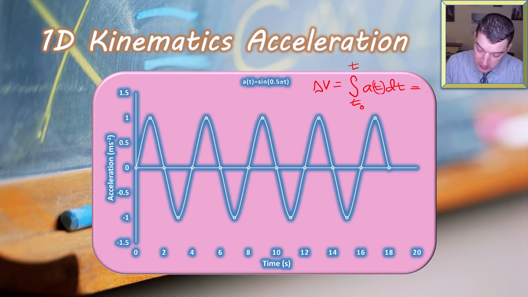So the integral of this is the negative of cosine of pi divided by 2, the same as 0.5 pi, times t, all divided by pi divided by 2, which is the same thing as multiplying it by 2 over pi.